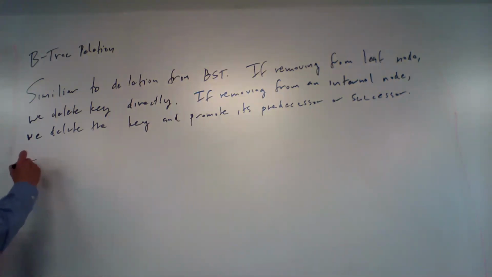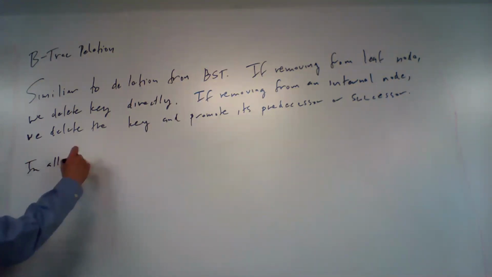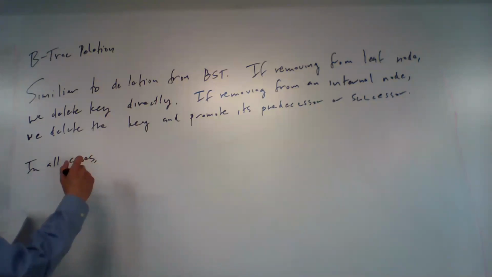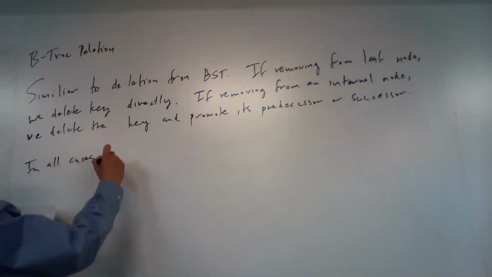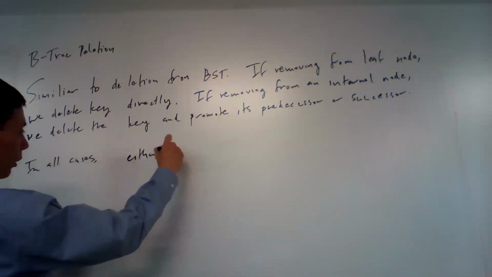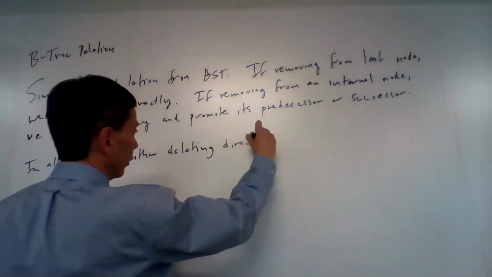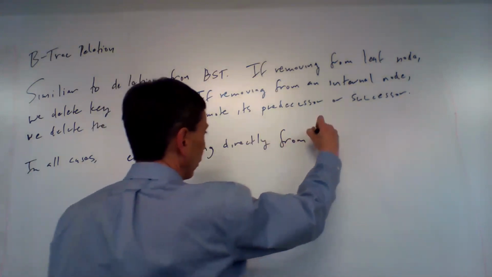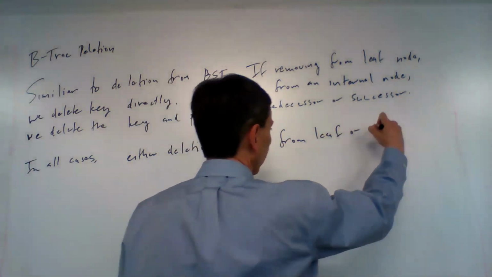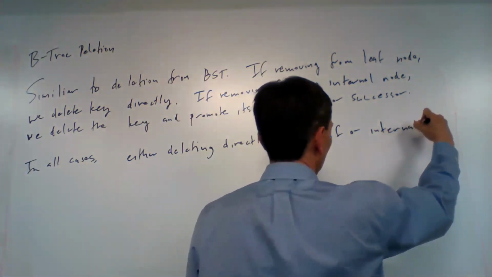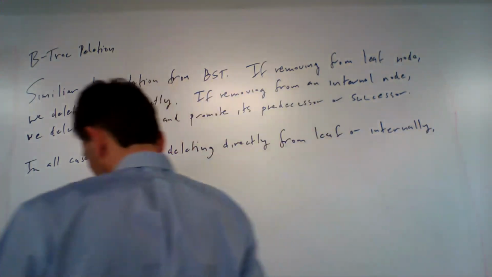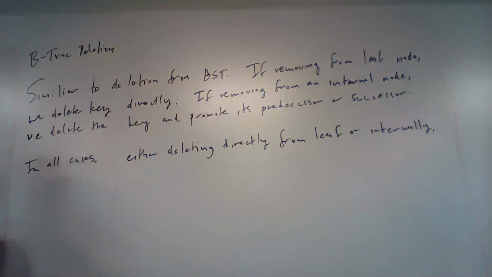So in all cases, either deleting directly from a leaf or internally, a key is being removed from a leaf node.